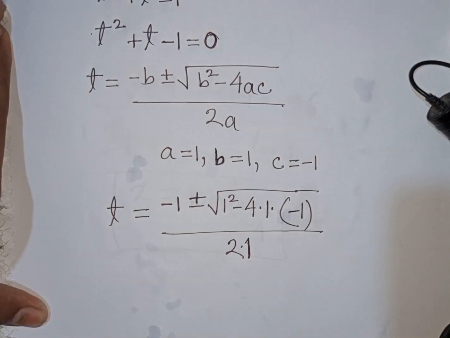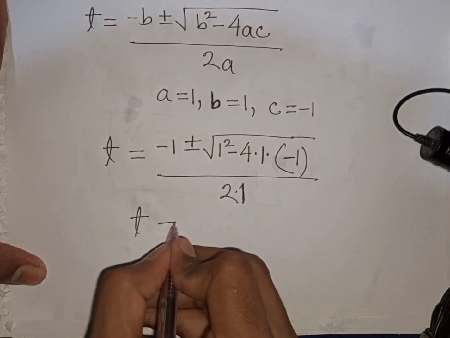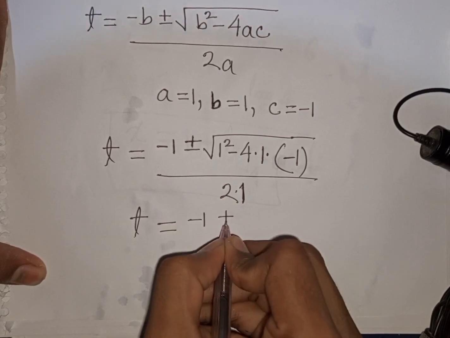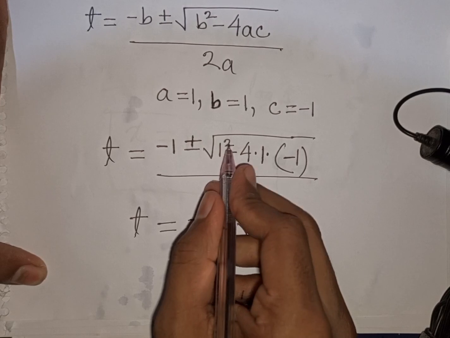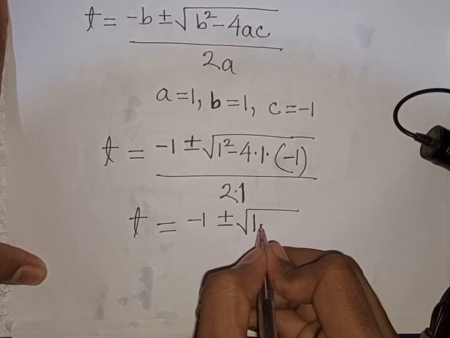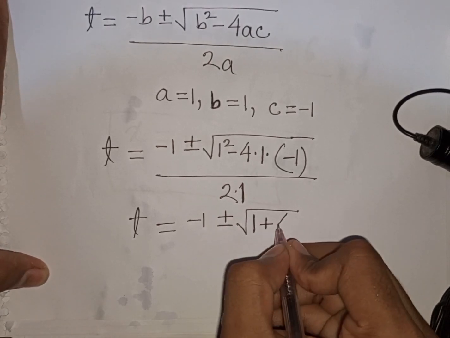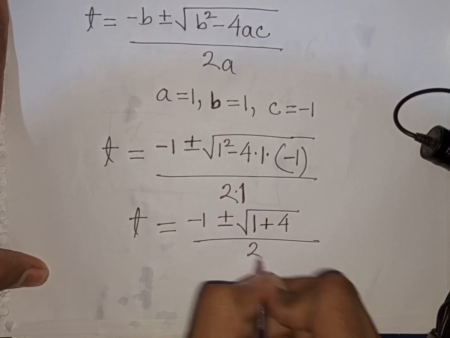Now, I can write t is equal to minus 1 plus or minus the square root of 1^2, which is 1, then minus times minus means plus, 4 times 1 times 1, that means 4, divided by 2 times 1, that means 2.